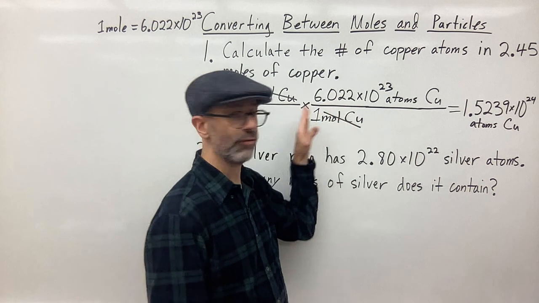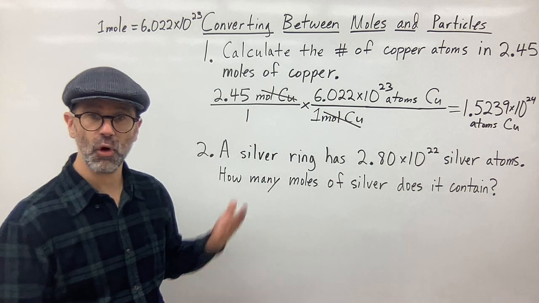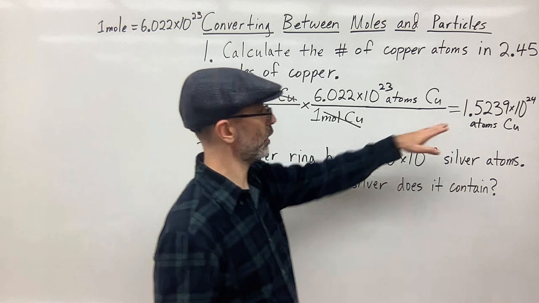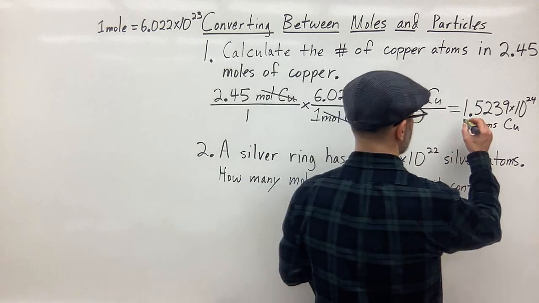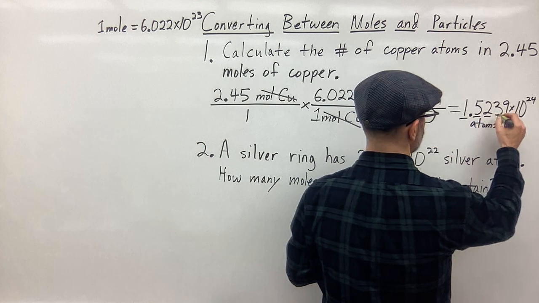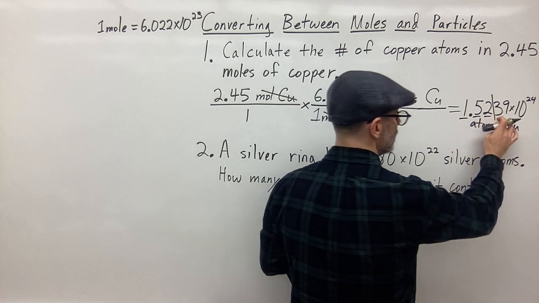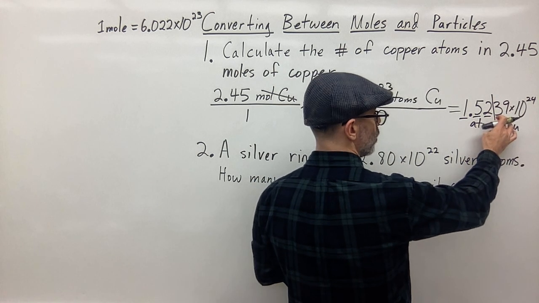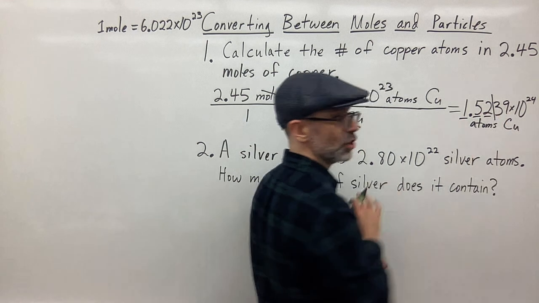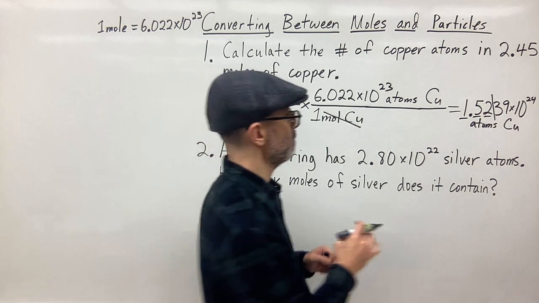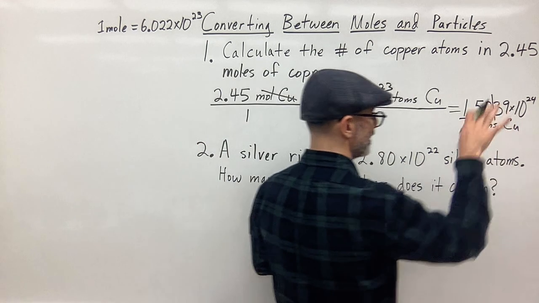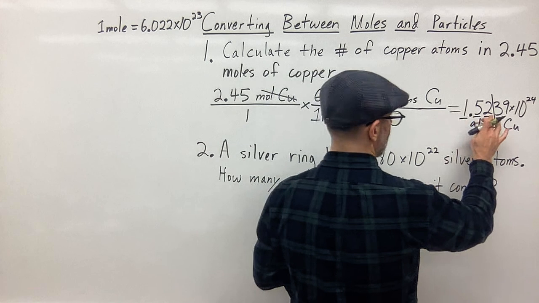Here I have 4. 3 is less than 4, that's the smallest. So I can only keep 3. So I'm going to keep the 1, the 5, the 2. Cut it off after the 2. Remember, the next number after your last number determines if you round up or not. So the 3, that's less than 5. So that means I keep the 2.